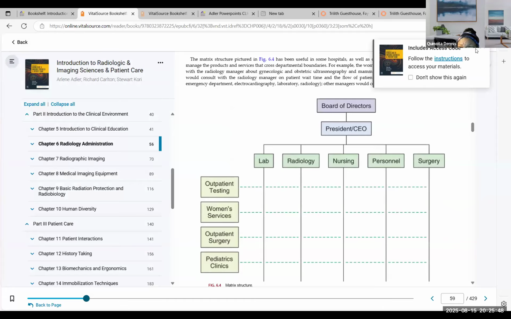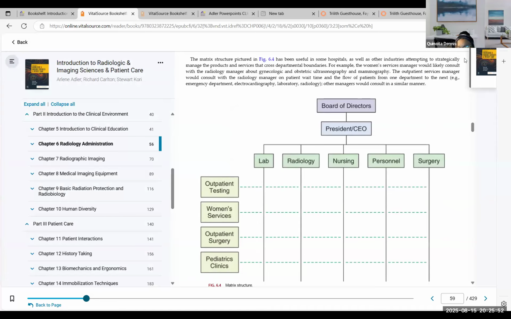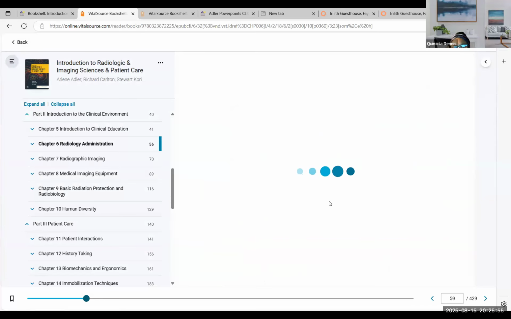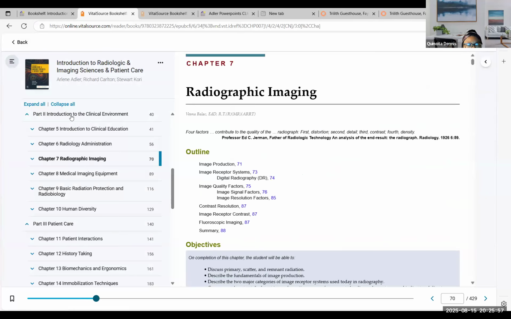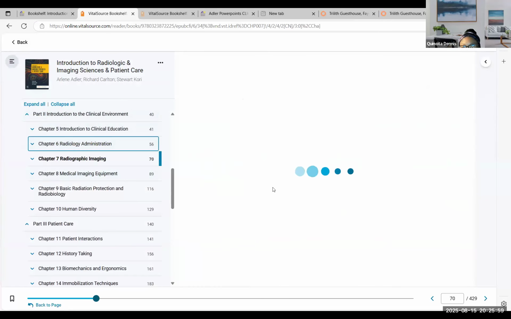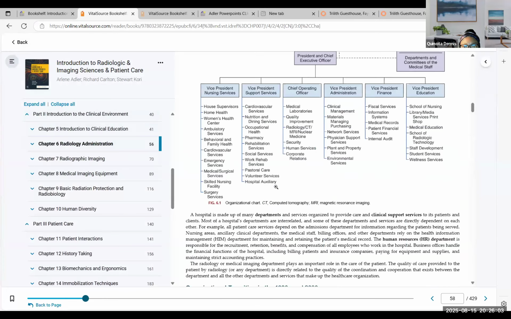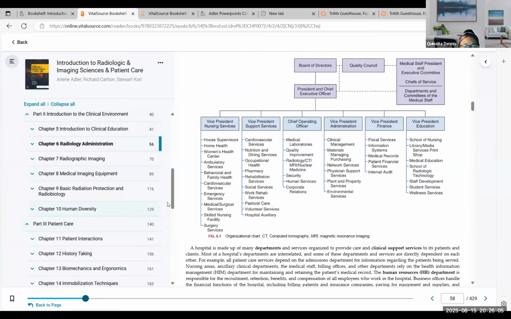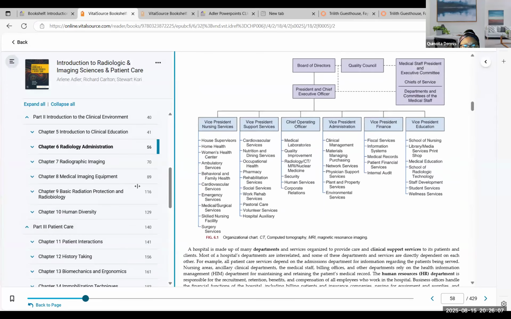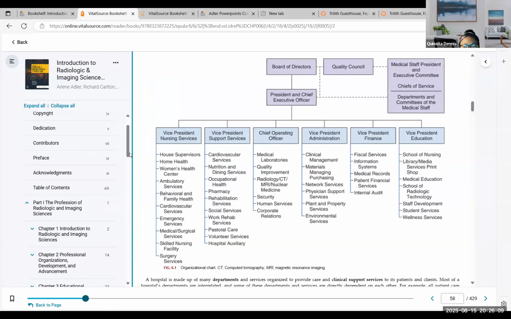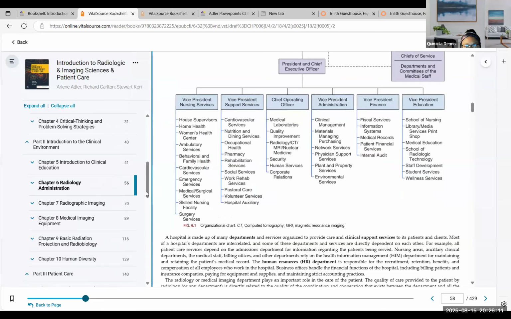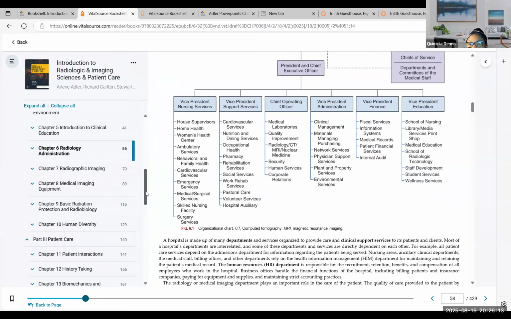Can y'all see my book? Okay. Didn't mean to do that. All right, so this is, make this smaller.